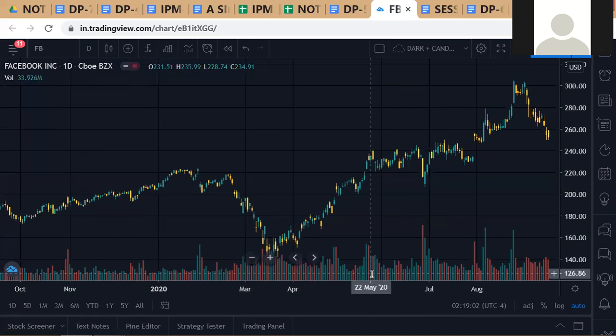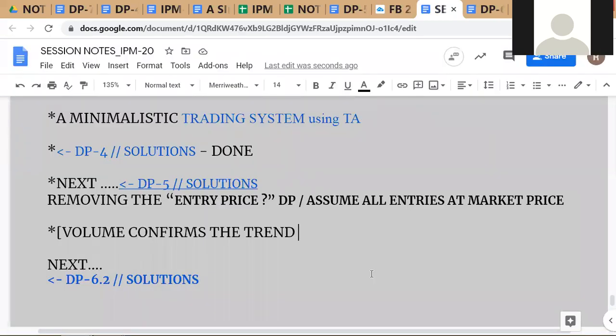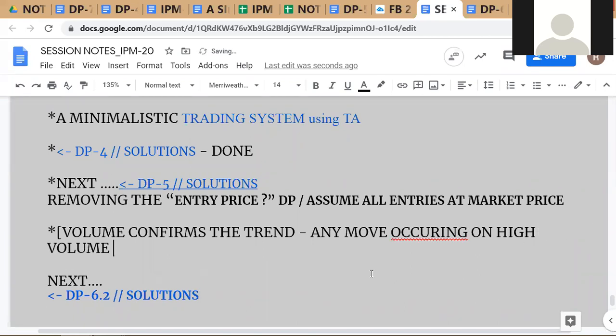Generally, volume confirms the trend, which means that any move occurring on high volume is seen as more reliable, and low volume is seen as less reliable.